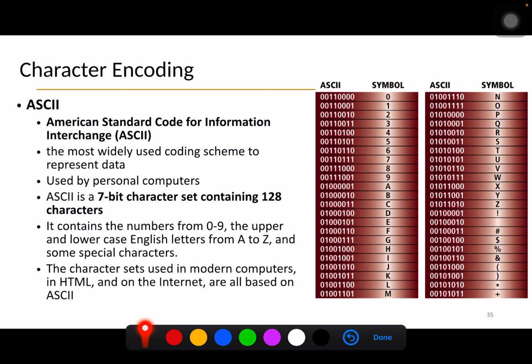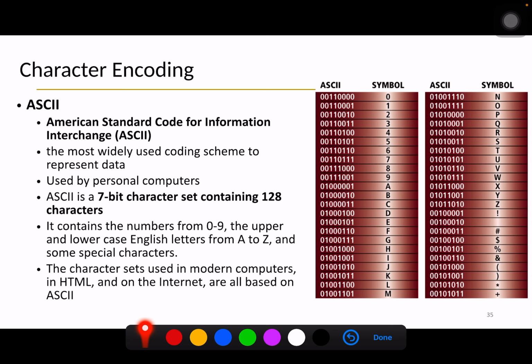These are examples of ASCII code and the symbols they represent. For example, 0011 0000 represents 0. To represent M in ASCII, it is 01001101. So that is the example.